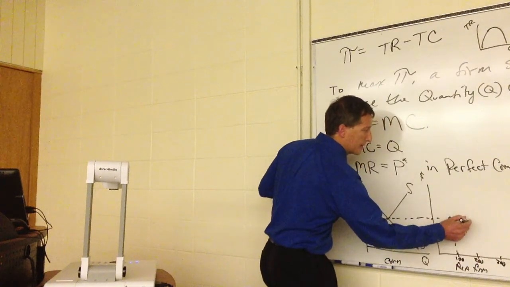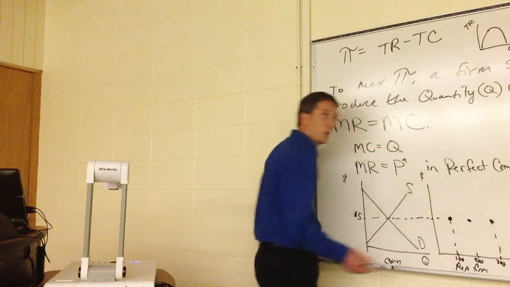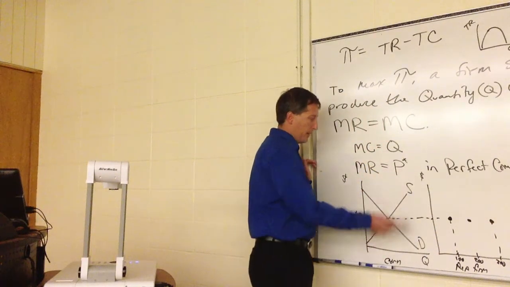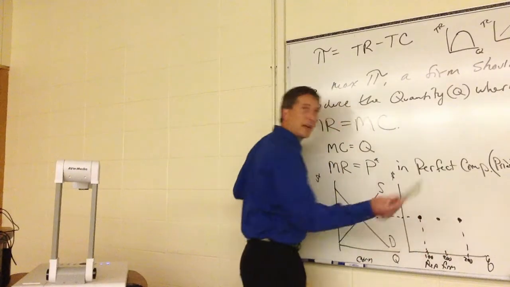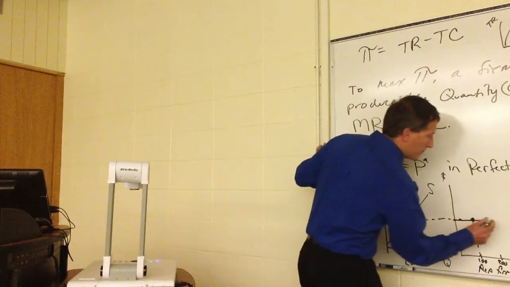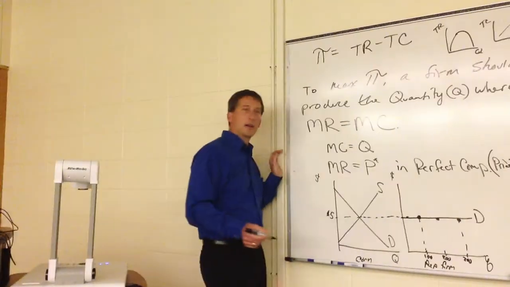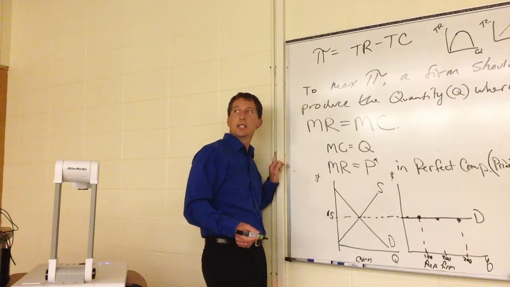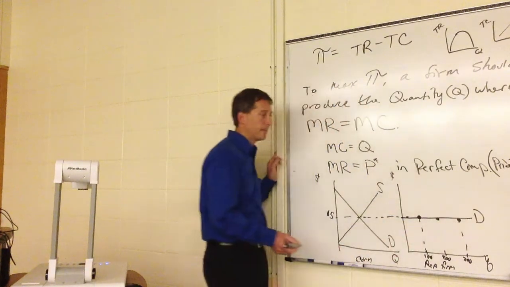What about 200 units? He's going to get $5. 300 units, $5. Why? Because he's powerless. He doesn't have any impact on the overall market. There might be 1 million bushels of corn here. He's just providing 300 of them. Big deal. So the demand curve for Farmer Tom's corn is perfectly elastic.